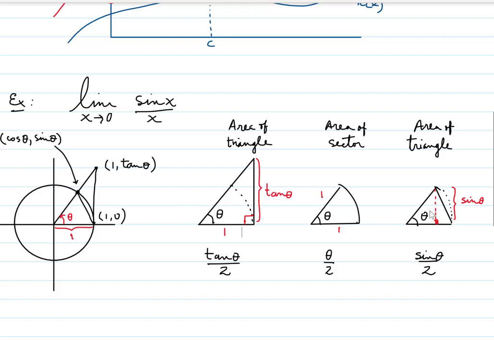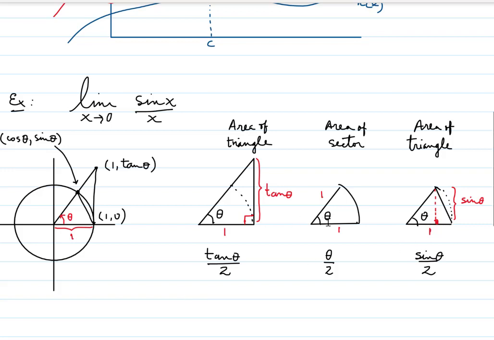And then finally, the area of the smaller triangle that we have inside this sector would be, again, base times height. The base here is 1, because the radius is still 1. This is the same side, guys, if you haven't noticed.